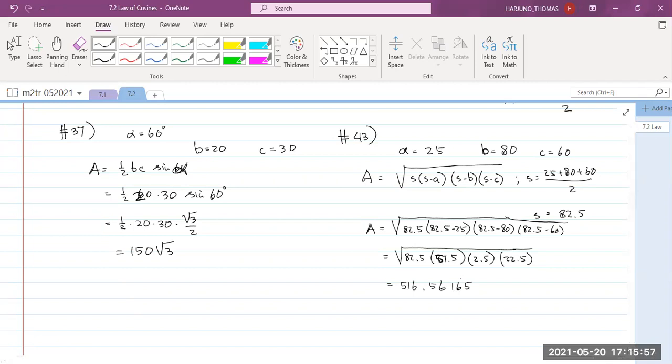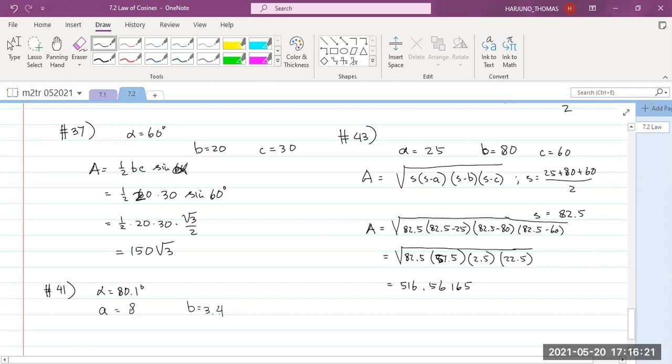But we have a new challenge right now. Suppose we take a look at number 41. We have angle alpha, that's 80.1 degrees, side A is 8, side B is 3.4.